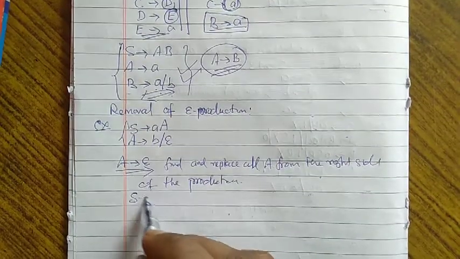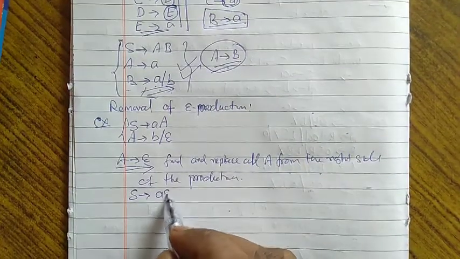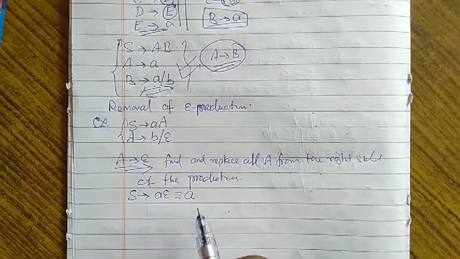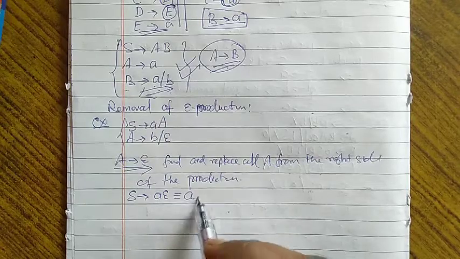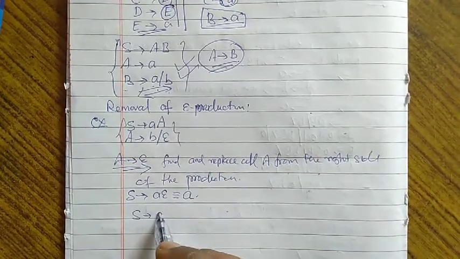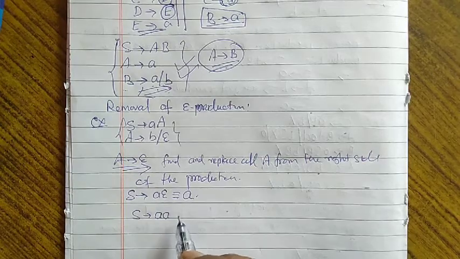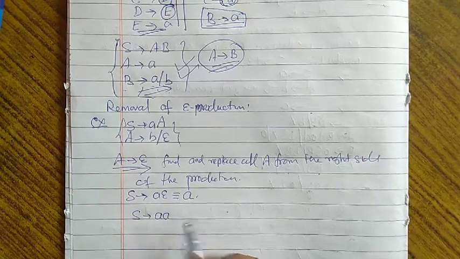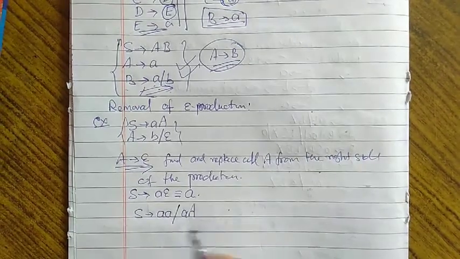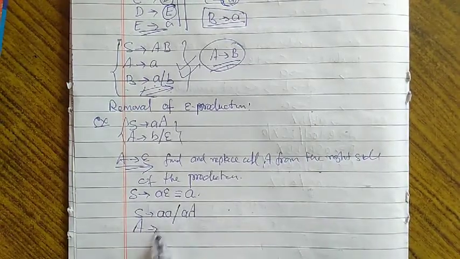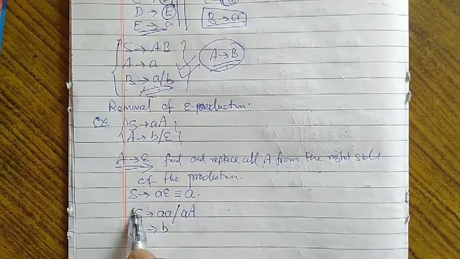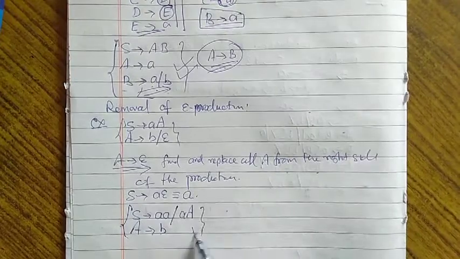We get S gives A null, which is equivalent to A. Now we can put this value in the grammar. So we get S gives A, S gives A small a, and A gives B. This is our production without null.